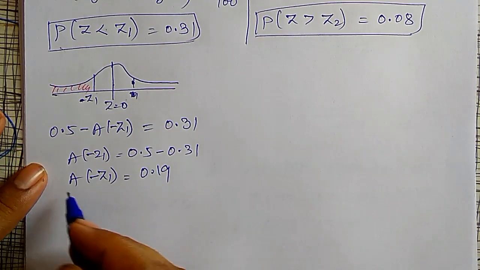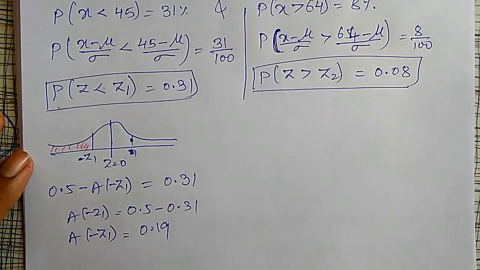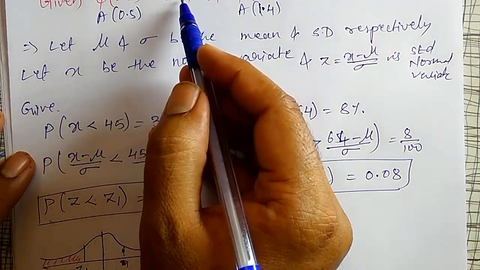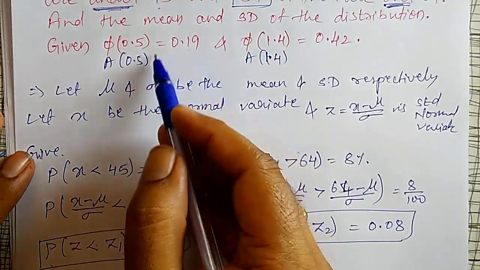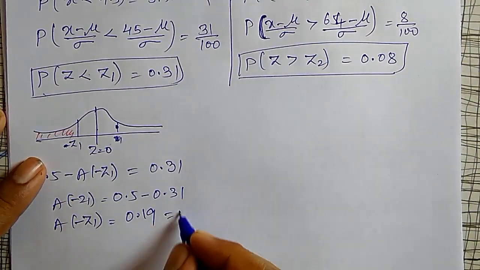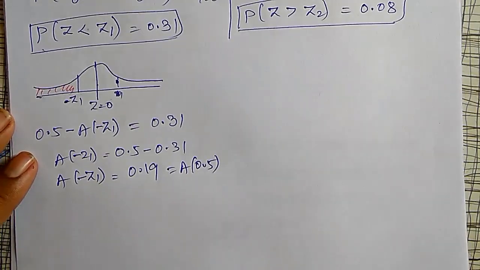This is given in the problem itself: A of 0.5 is equal to 0.19. Using this, I can write that A of minus z1 is equal to A of 0.5. Correct?